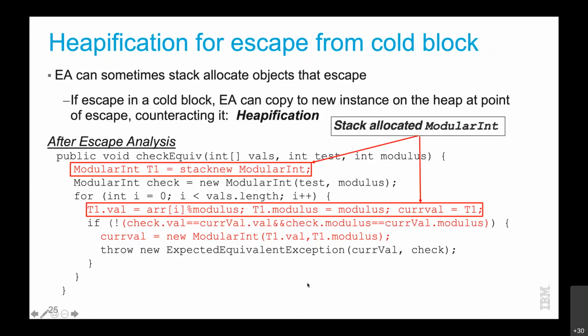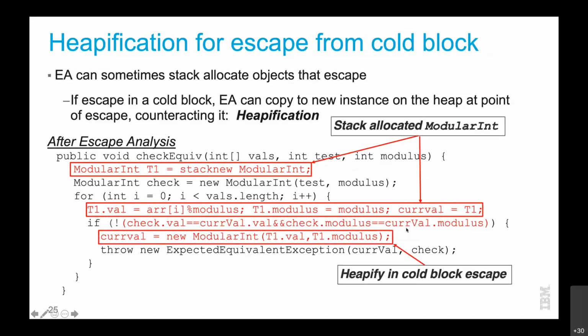Then if and when an exception actually has to be thrown, the generated IL will construct a new instance based on the values that are stored in the stack allocated instance, and pass that to the exception that's being constructed and ultimately thrown.